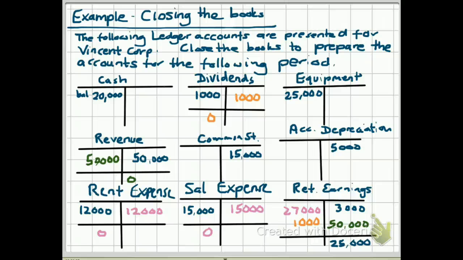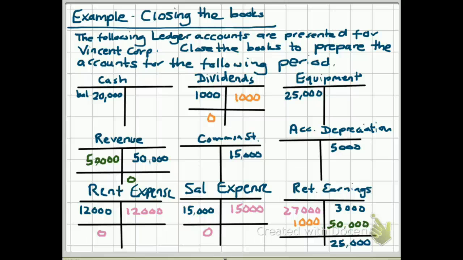If you go back to your financial statements, and I know we didn't do financial statements for Vincent Corp, but that $25,000 retained earnings ending balance in your ledger account will be the same as the retained earnings balance on your balance sheet and the ending balance of retained earnings in your statement of retained earnings. Now that we've closed the books, we are ready to start our next accounting period. We've prepared the books to start our next accounting period.